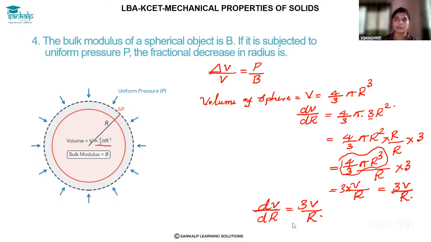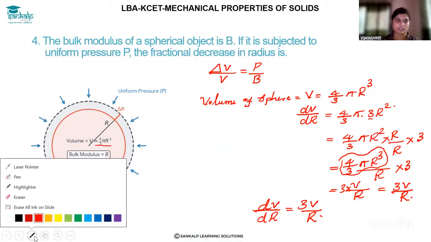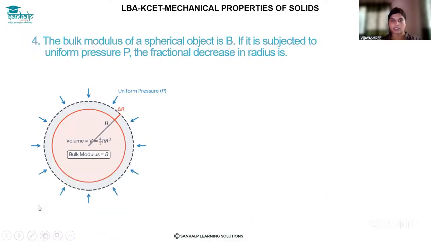Okay, I am going to erase this. Which expression did we get now? dV by dr is equal to 3V by r.